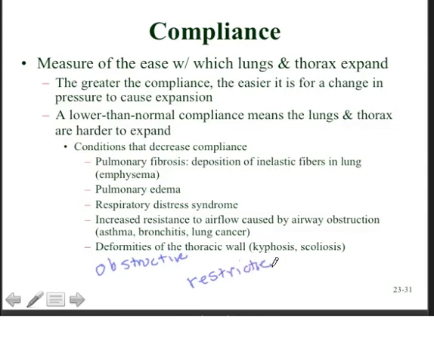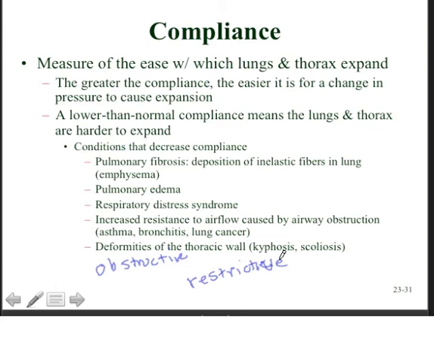Okay, obstructive disease basically just means that we're cutting down on your wind speed somehow. So there's something that's keeping you from getting the air into the lungs as quickly as you would like. Eventually the lungs will fill, but not as quickly as in a healthy individual.